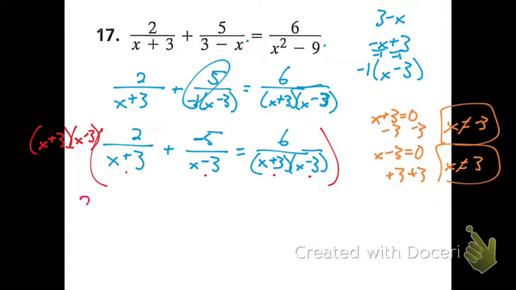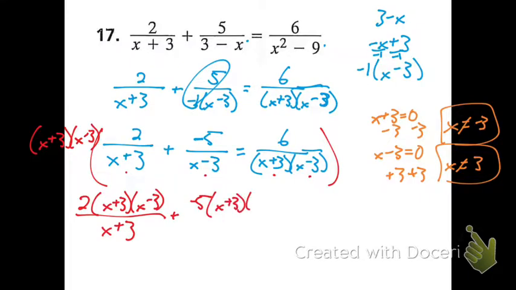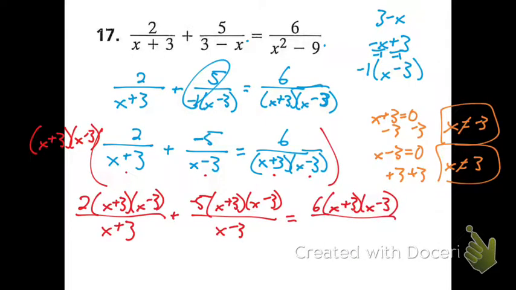This is what that looks like. 2 times x plus 3, x minus 3, all over x plus 3. Then I have negative 5 times x plus 3, x minus 3, over x minus 3. And then I have 6 times x plus 3, x minus 3 over x plus 3, x minus 3.